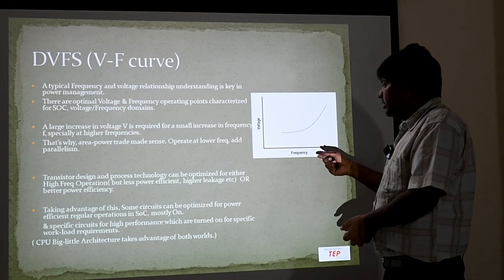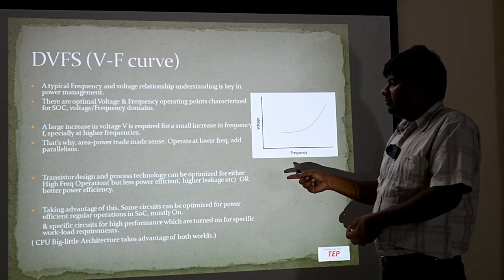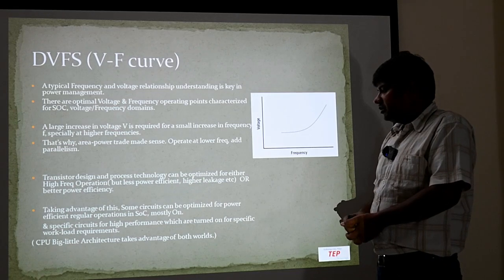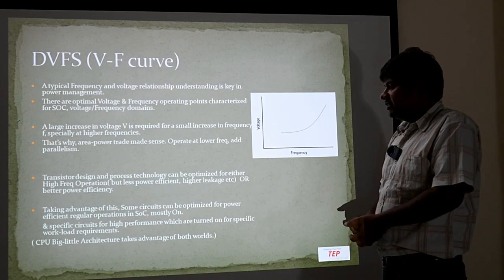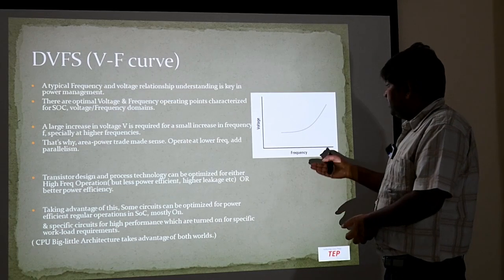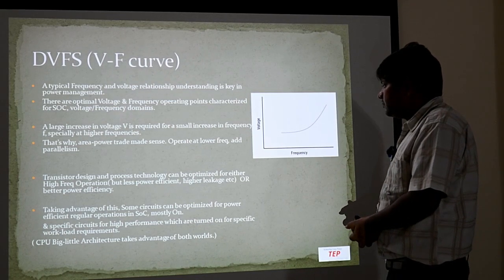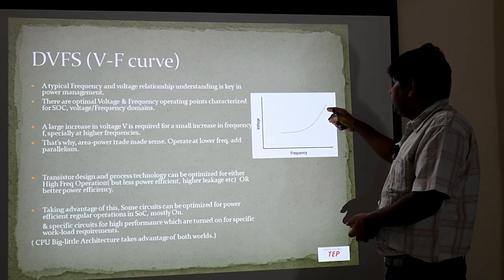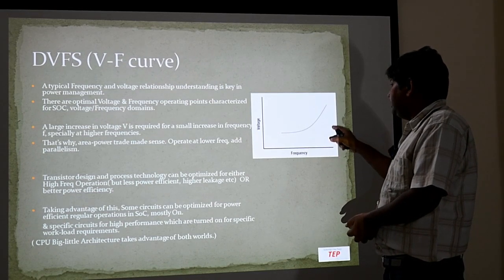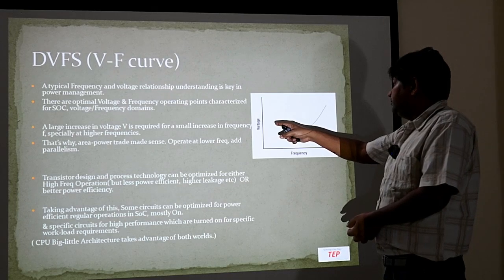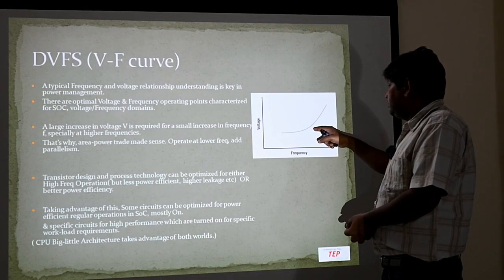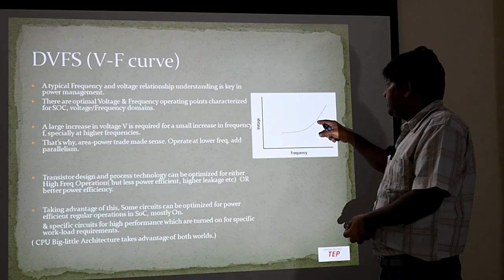One more technique that we have touched upon earlier is the big-little architecture, in the previous chapter. That also arises from here: as we move to higher and higher frequency, the rise in the voltage is significantly faster, right?